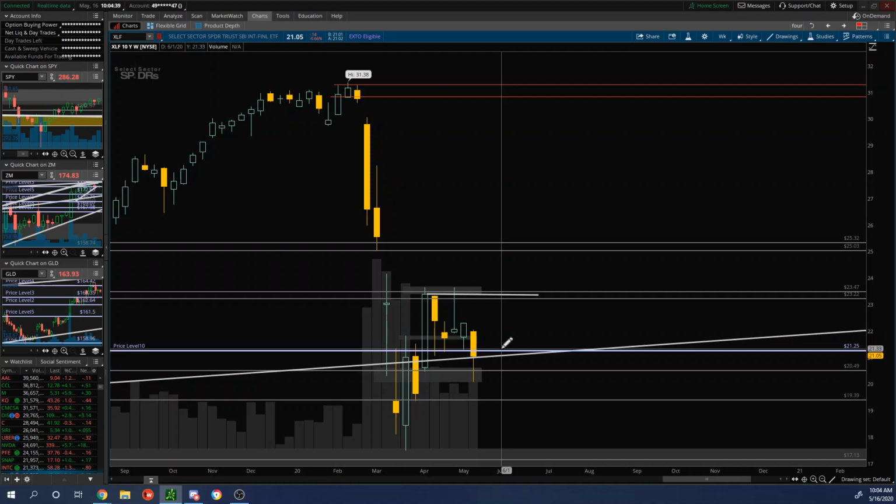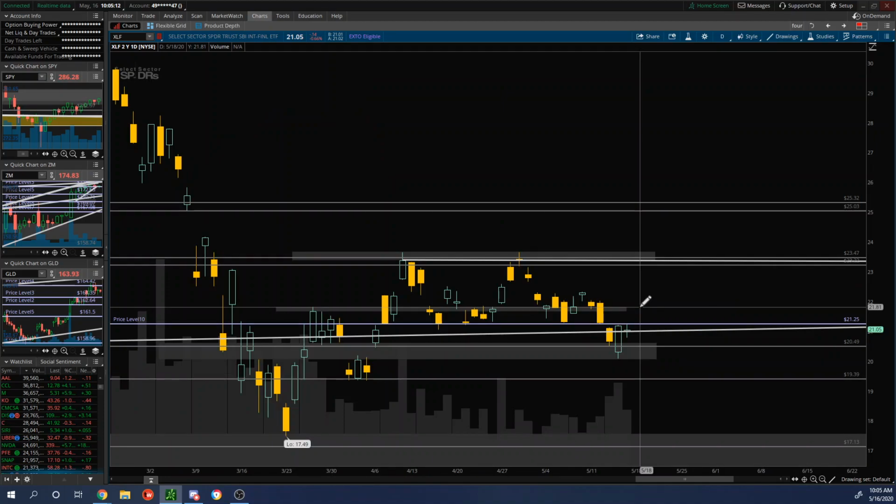If you see the XLF taking out these lows on Monday, Tuesday, and heading down towards these lows, watch out. That's not good. The XLF needs to hold these Friday lows and make a move higher, or the DJ or the market is not going to be in a good spot. We're going to get that pullback because this is underneath a double top neckline that's broken. I mean, that's just as simple and plain as you can put it.